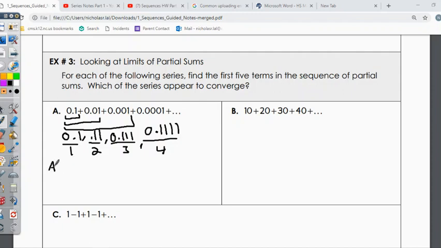So this appears to approach 0.1, and you're going to have a bar over that 1, and that bar means that 1 repeats forever. All right? Now, 0.11111 going on forever.